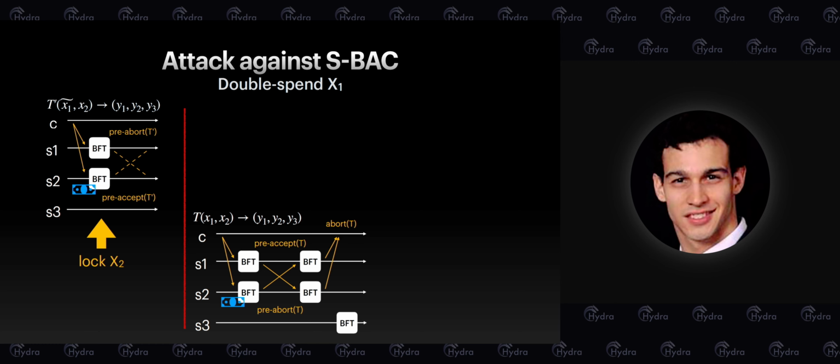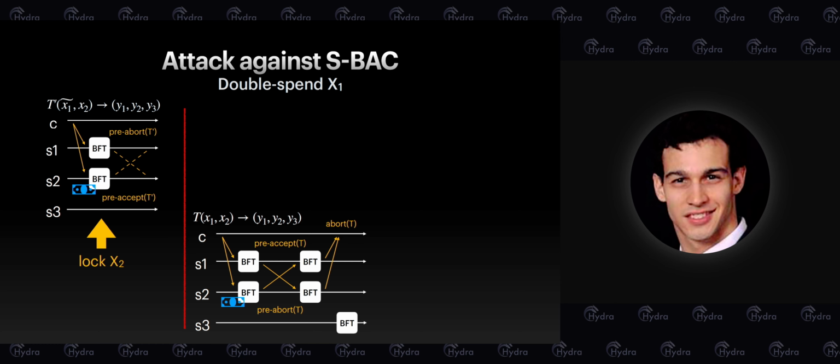Shard 1 says, well, no problem, X1 is actually valid, so for me that's a pre-accept. However, shard 2 says, sorry, for me it's pre-abort because I already locked that object. This means that there is a concurrent transaction also trying to spend X2, and such transaction came first. So as a result, the transaction will abort. As you see, shard 1 emits pre-accept, however, shard 2 emits pre-abort.